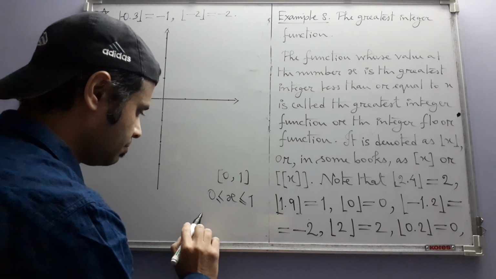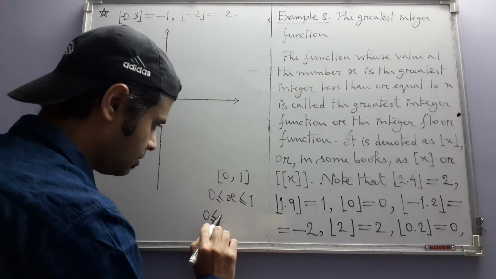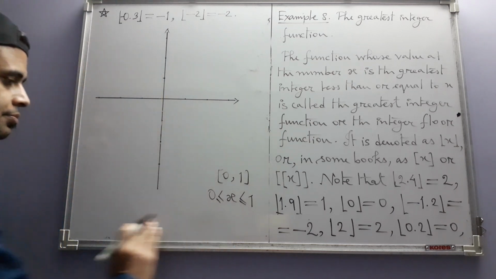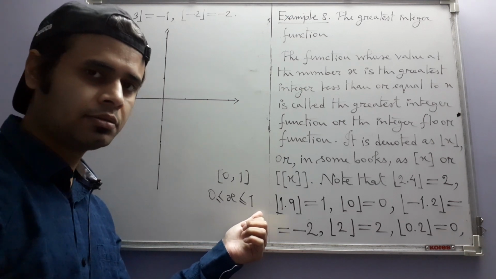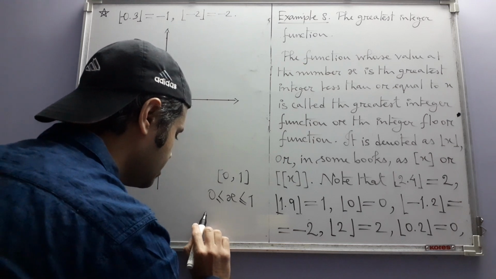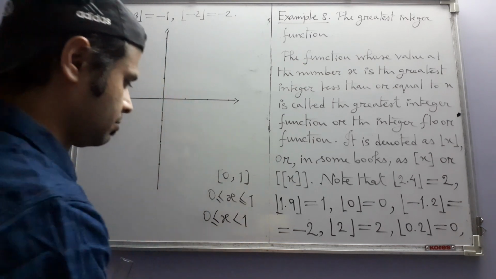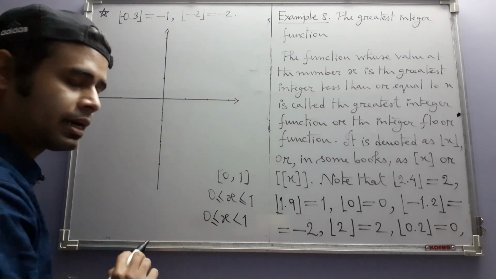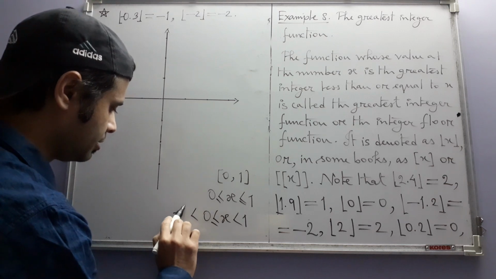Now you have two cases. Either x is equal to 1 or x is less than 1. Say x is less than 1. Then where are the other integers that are less than x? They are here.